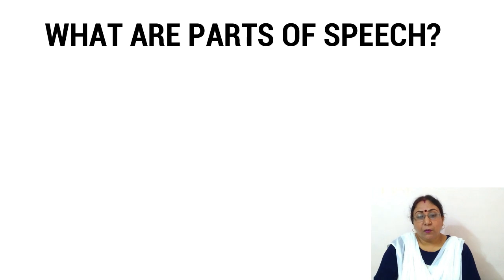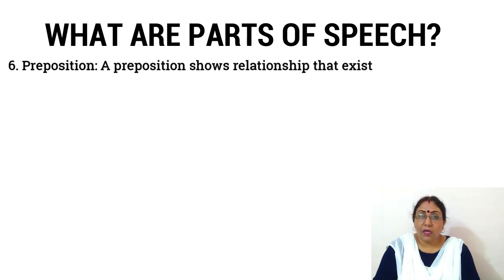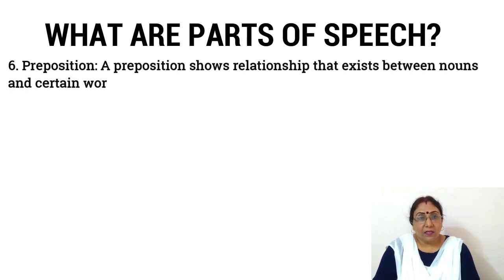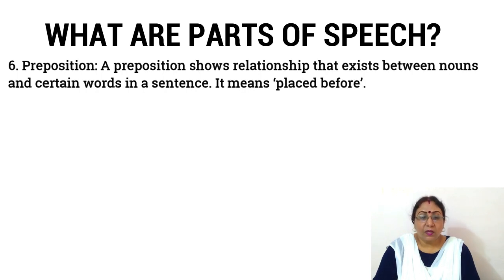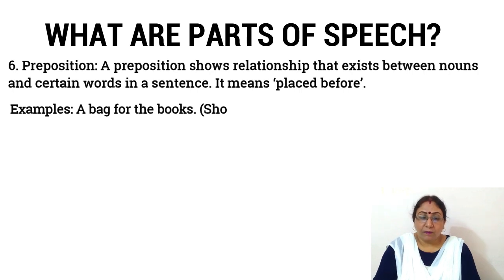Then the next part of speech is preposition. What is a preposition? A preposition shows a relationship that exists between nouns and certain other words in a sentence. The meaning of preposition is placed before. So, through examples, we will be understanding what is preposition. A bag for the books.